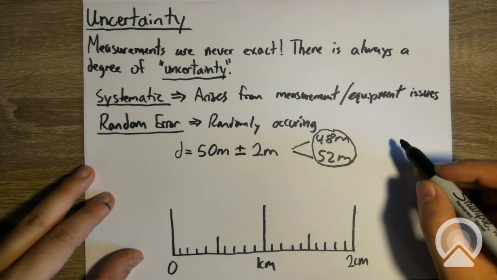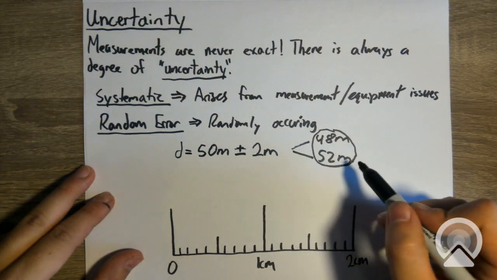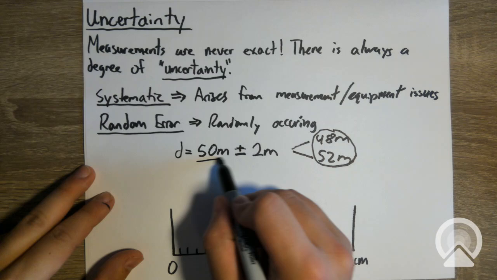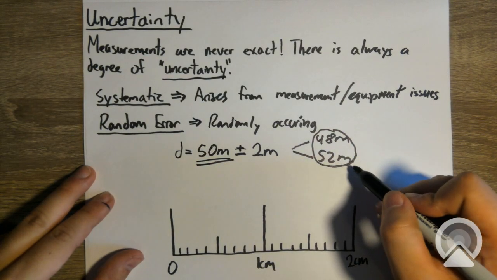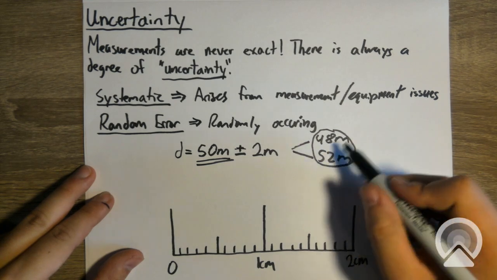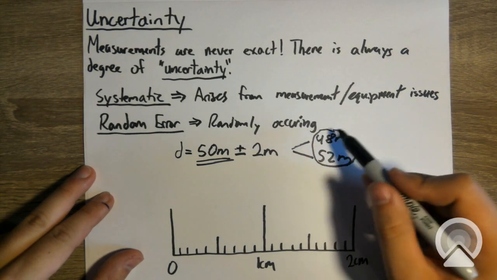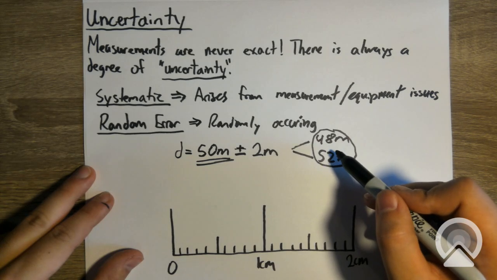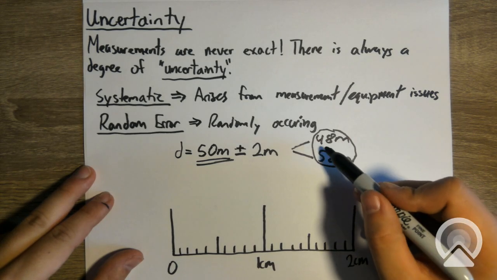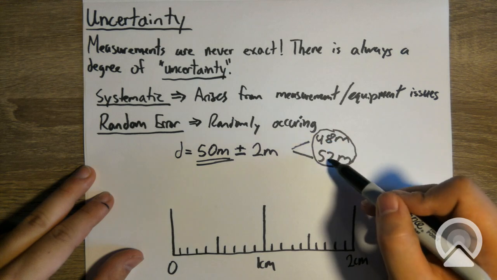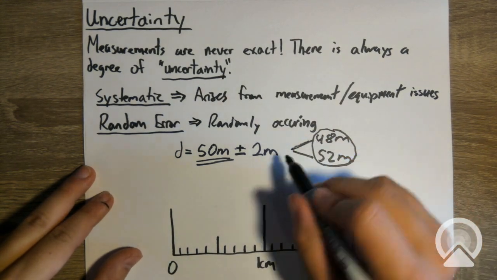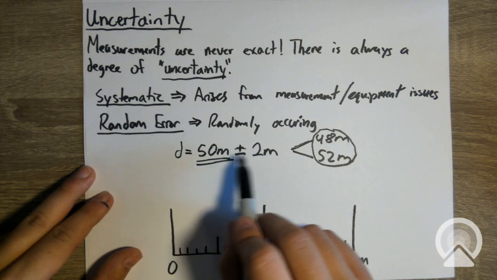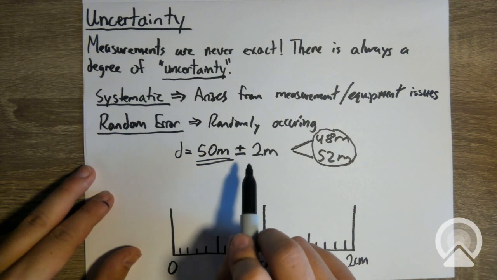When you write it out like this, you're saying they ran 50 meters, but I don't know if maybe they ran 48 meters or 52 meters. Based on your measurement, there's a range in which the answer really could have been. So they could have run anywhere between 48 and 52. That's how we express uncertainties, as a range of values that we don't know.